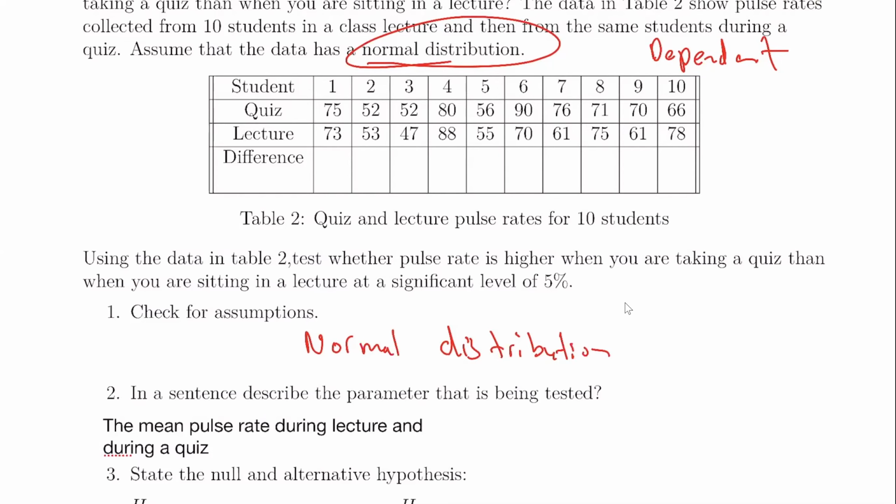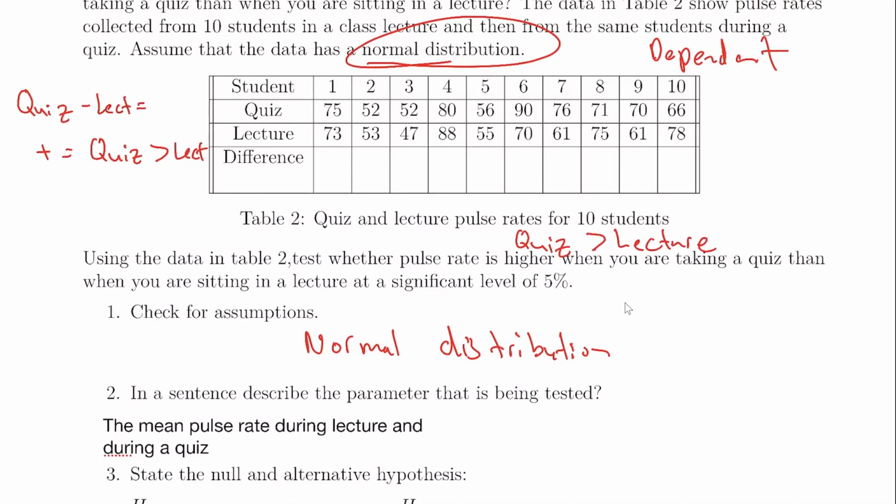They think we're going to have a higher post rate when taking a quiz, so the quiz post rate should be bigger than the lecture post rate. So we do quiz minus lecture, because then you get a positive number when quiz is bigger than lecture.